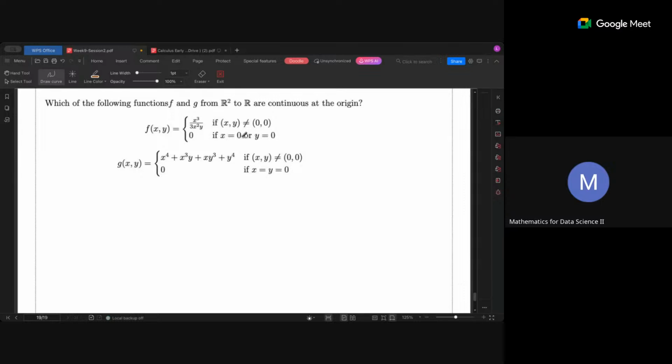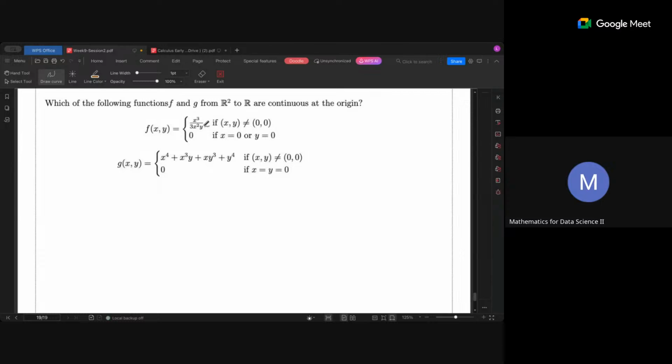Okay, which of the following functions f and g from R2 to R are continuous at the origin? The first and second are both piecewise functions. But in the first function you see there is some problem with the denominator. When x and y are non-zero, it is fine. Otherwise, you need to be careful. So what about this function?